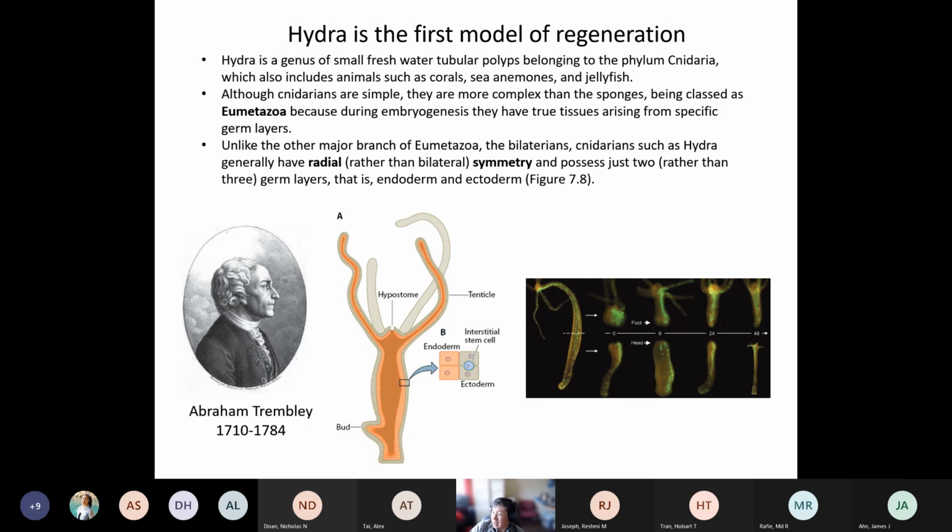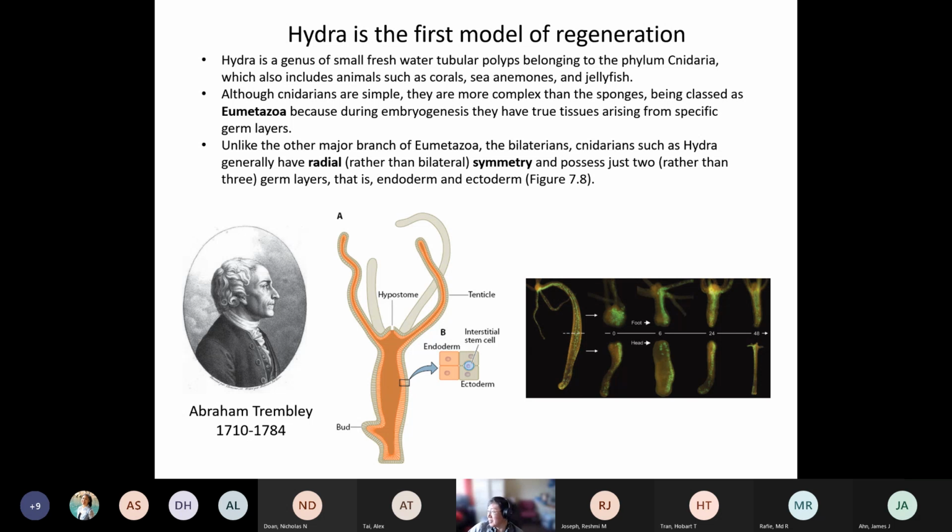And in 1710, this famous scientist Abraham Trembley was the first one who described the regeneration power of Hydra. Therefore, some think that he's the first stem cell biologist because he basically described that some species can be immortal. They can completely regenerate themselves.